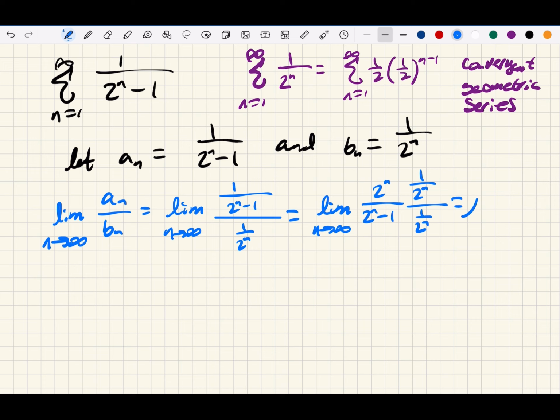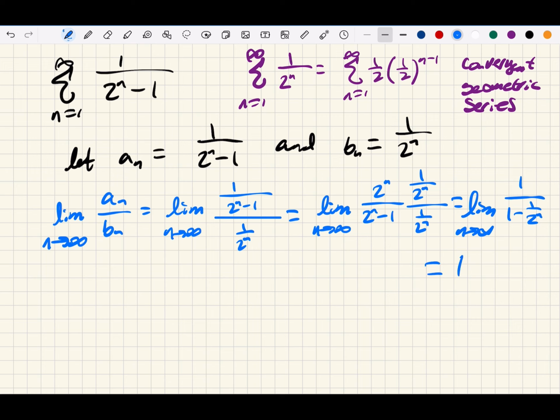So what I'd have is the limit as n goes to infinity, and we're looking at keeping this as simple as we can, of 1 over 1 minus 1 over 2 to the n. And what's the limit of 1 over 2 to the n? That's 0, right? That last term is 0. So this limit is just 1.